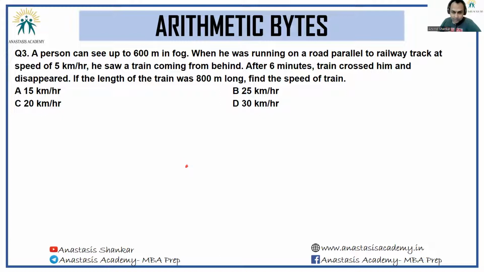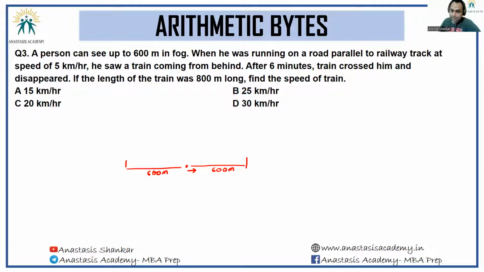Okay, so let's say this person was here. He should be able to see the train when it is 600 meters behind him. And let's say the person was running this way. He would be able to see the train when the train is 600 meters behind him. He would also be able to see the train up until it is 600 meters ahead of him.